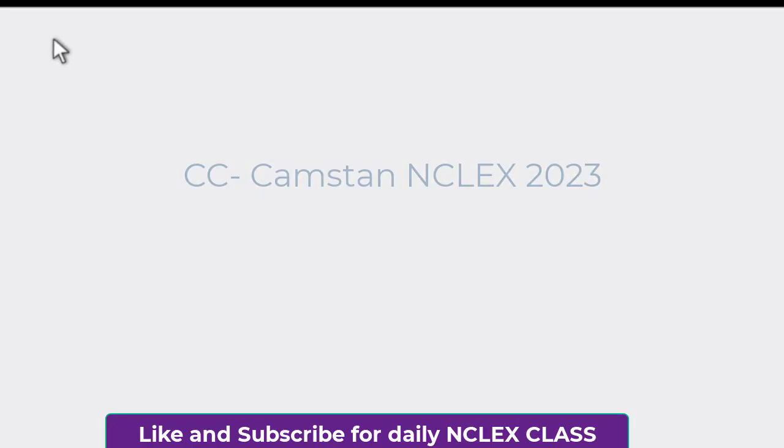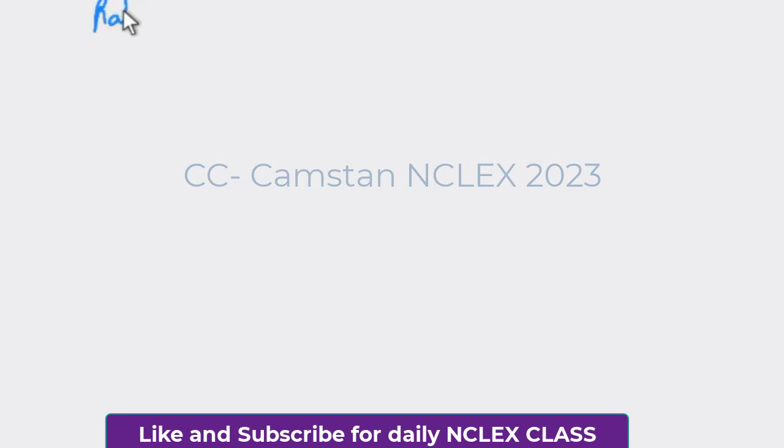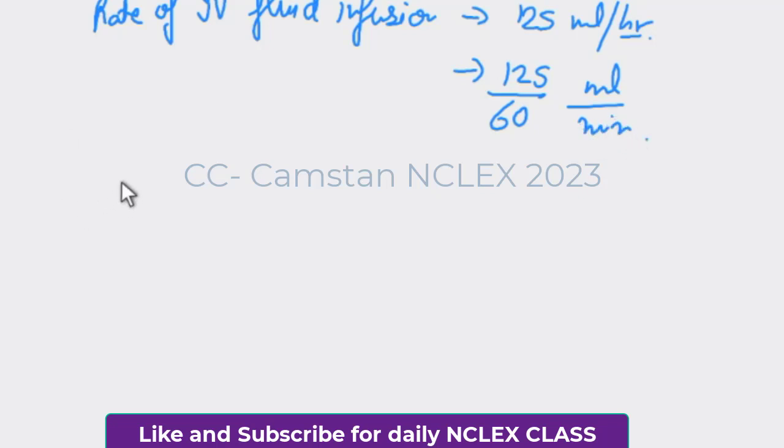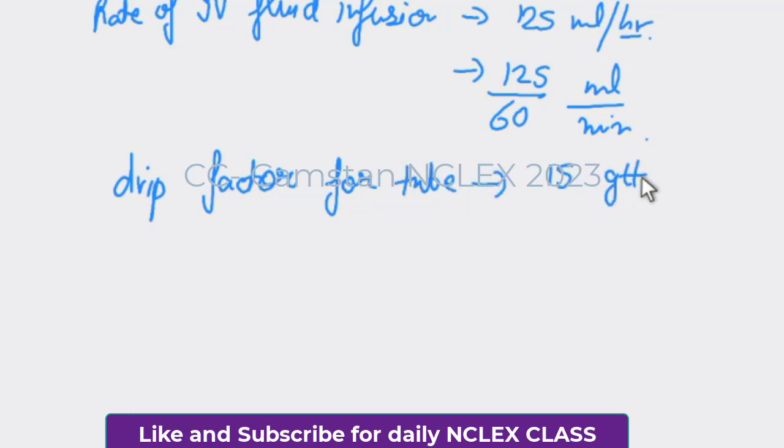They have given us that the rate of IV fluid infusion is 125 ml per hour, but we have to convert this hour into minutes. So it will be 125 by 60 ml per minute, right? They have also given us the drip factor for the tube, and it is 15 GTT per ml. So what formula we will use?